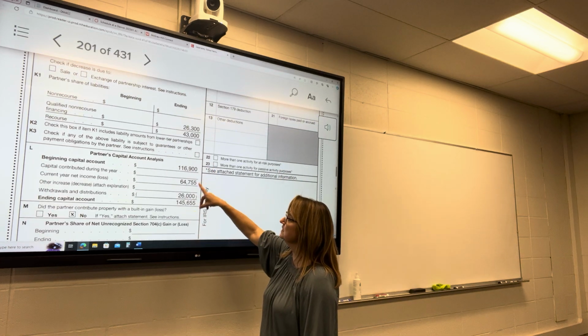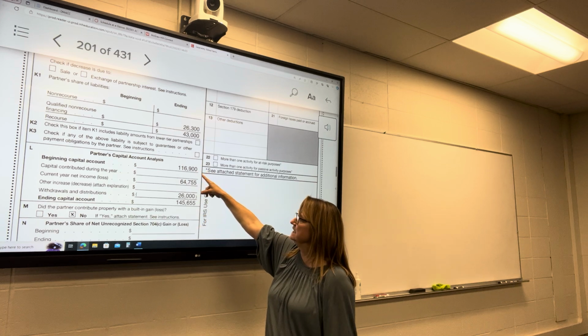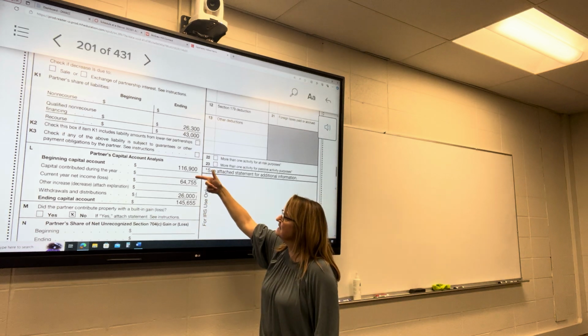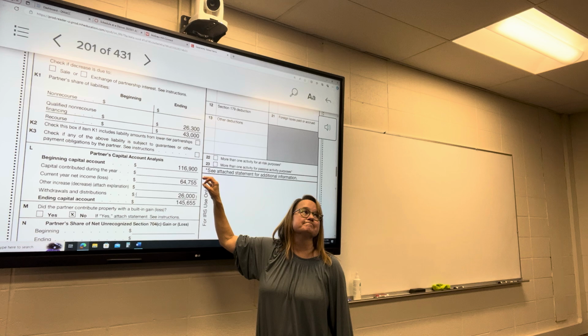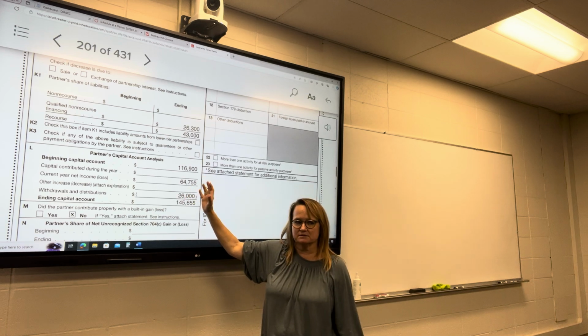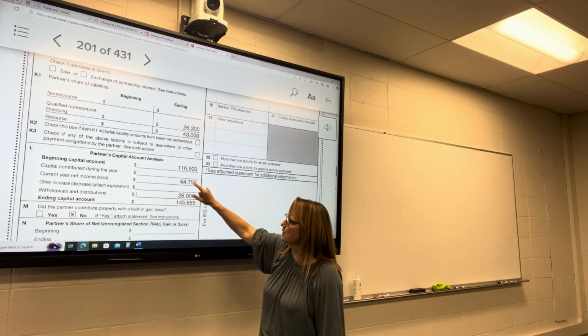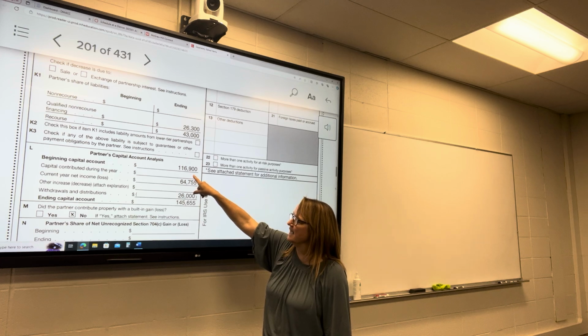This is the partner's capital account. It starts with their beginning capital account, which is something the partnership will keep track of. They're going to add any cash that was contributed. It's not always the basis, but oftentimes it's the basis, though it can have other things involved in it as well. If they contributed more to the partnership, that would be added in there.